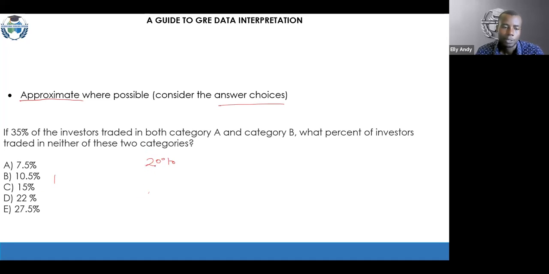Then you automatically know that choices A, B, and C are out. So you are looking at choices D and E, 22 and 27.5%. These numbers are far enough apart that you don't need, for example, to get this 0.5. If you do the calculation with approximation and get something like 27, that would be good enough because that would lead you to E. So know when to approximate and also know when you need to do the calculation using the actual numbers.